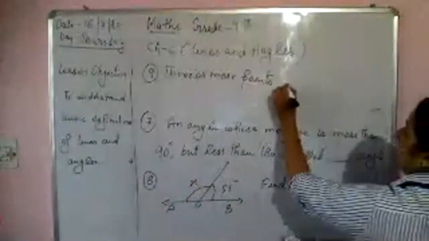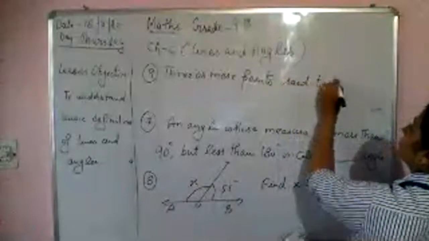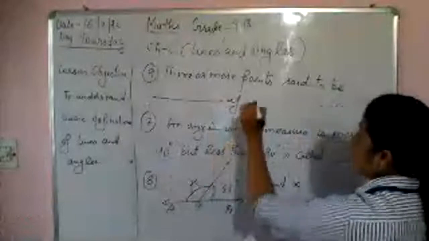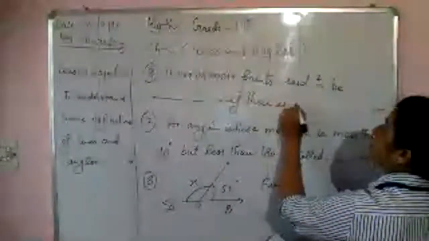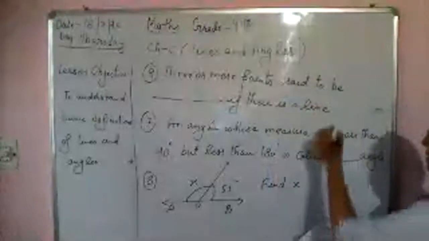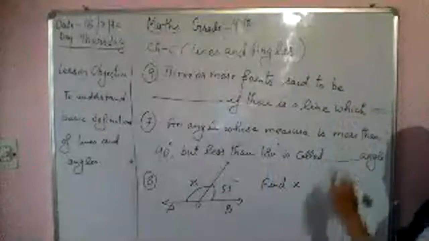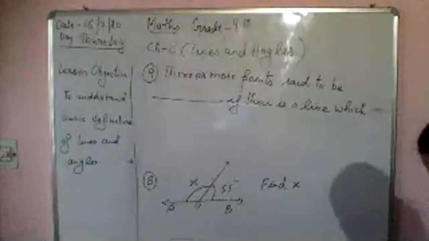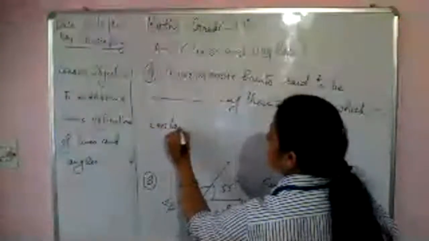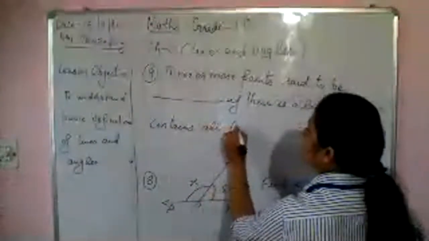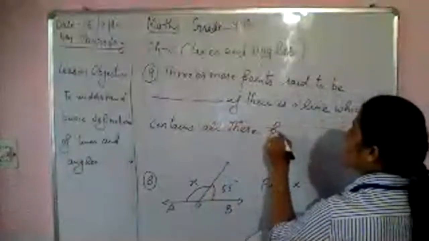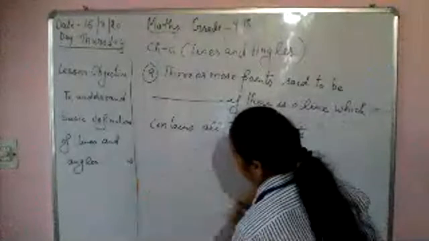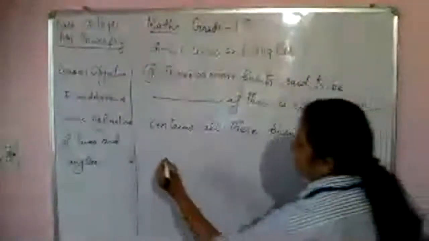Three or more points are said to be dash if there is a line which contains all these points. So this is your ninth.